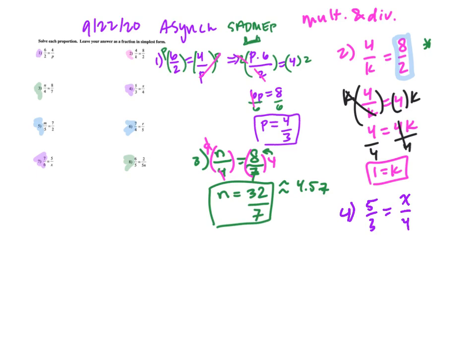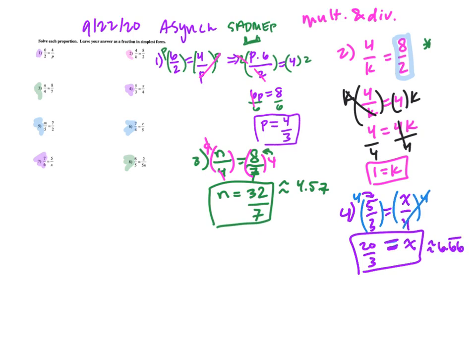If I'm dividing by 4, I have to undo division by multiplying. 4 divided by 4 is 1. The colors on this iPad are all that I have. Then 4 times 5 is 20, so 20/3. I should know what that is off the top of my head, but I don't. It's 6.66 repeating.